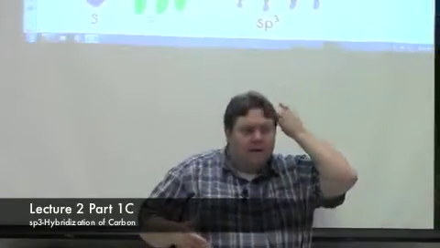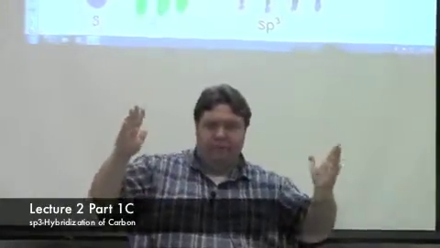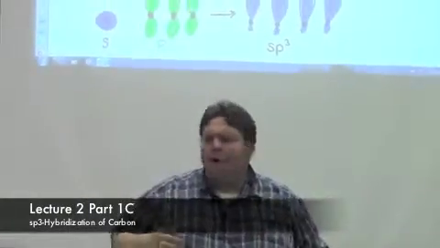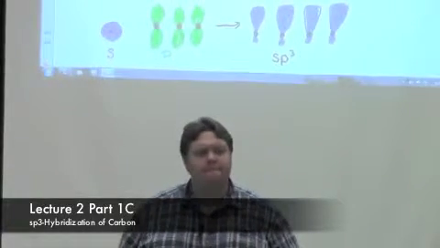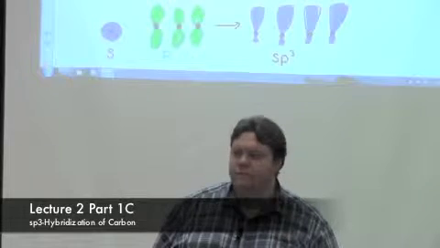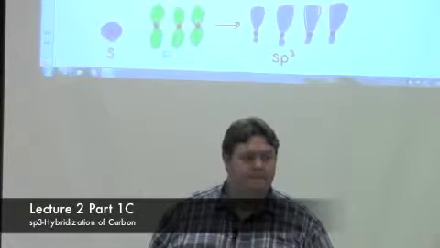Now, when I drew the p orbitals all in the same plane, all oriented in the same direction, we know that the x, y, and z axes are used in the actual molecule, right? In other words, we know that we have our nucleus, and we have one p orbital that's kind of going towards us, and one that's going left and right, and one that's going up and down. Why do you think the p orbitals orient themselves in that manner? What lives in the orbital?